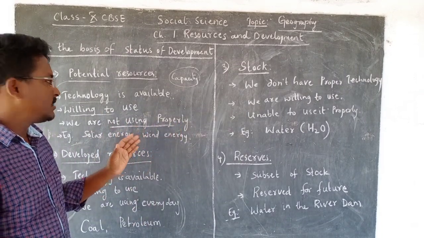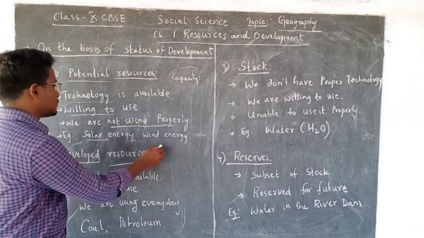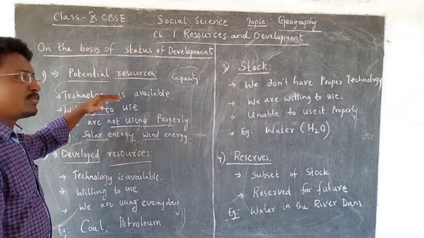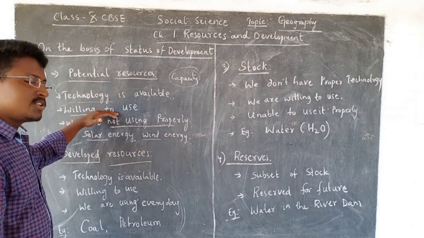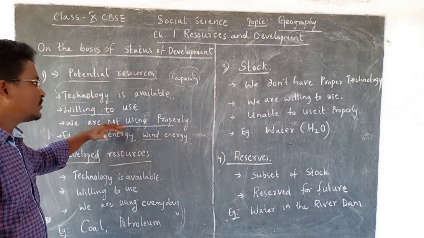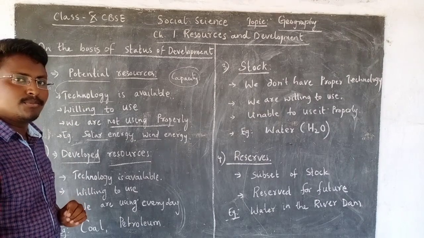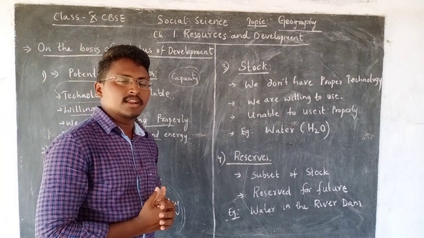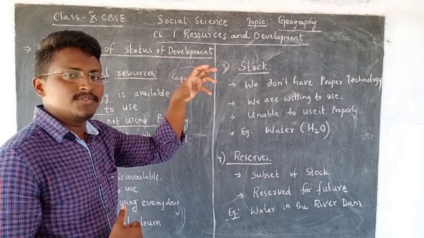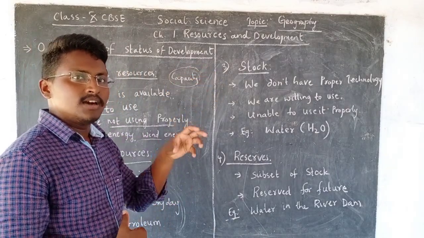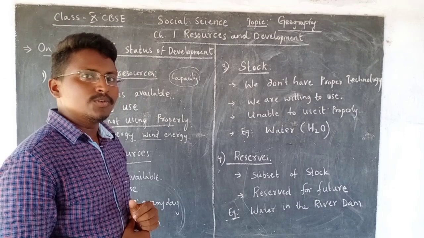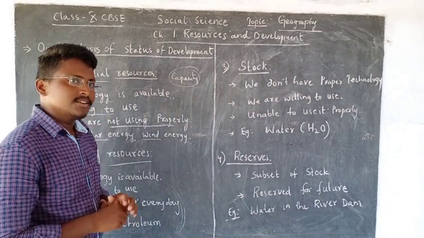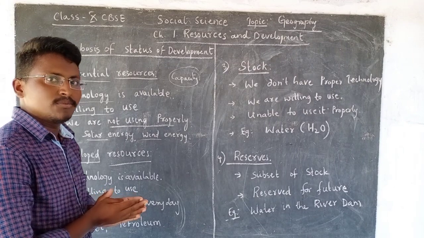For example, take solar energy as well as wind energy. For these two types of energies, we have proper technology and we are willing to use them, but we are unable to utilize them properly. You all know that our country, India, is a tropical country. That means the amount of sun rays which India receives is very high. So we can use more and more solar energy, but we are not utilizing these resources properly.